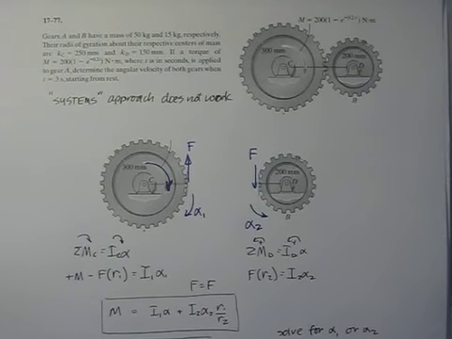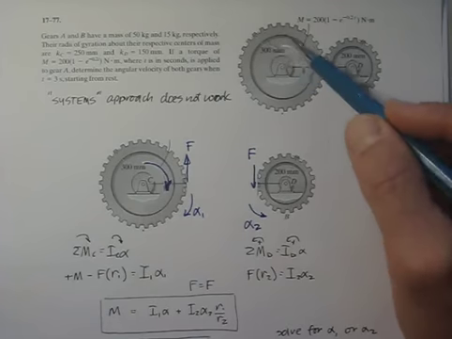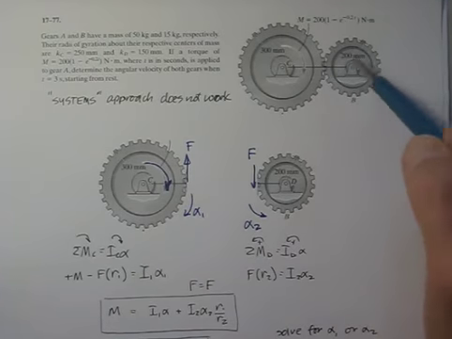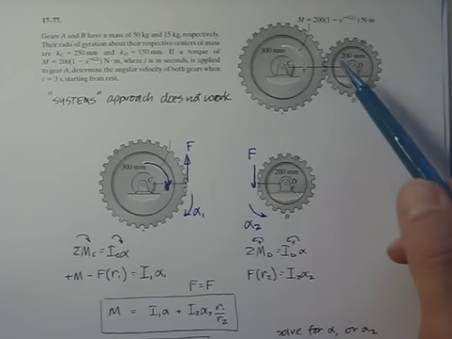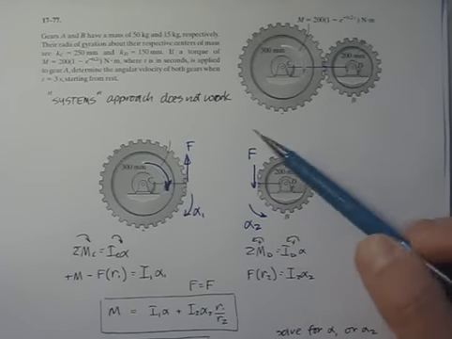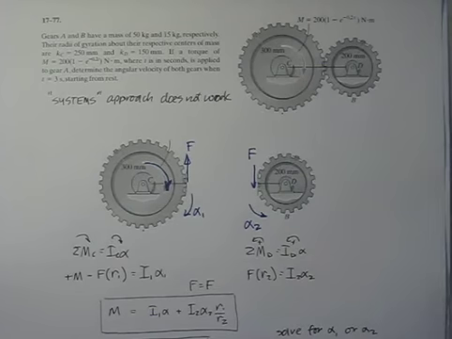Okay, the next thing is to talk about systems, and there are various types of systems we'll encounter, but here's a couple of fairly easy examples to deal with. Here we have a couple of gears, and one gear is being excited by a moment, and this one is obviously going to respond because of that moment. As we did before, the gears didn't have any mass, but in this case they do have mass, so they have mass moment of inertia.